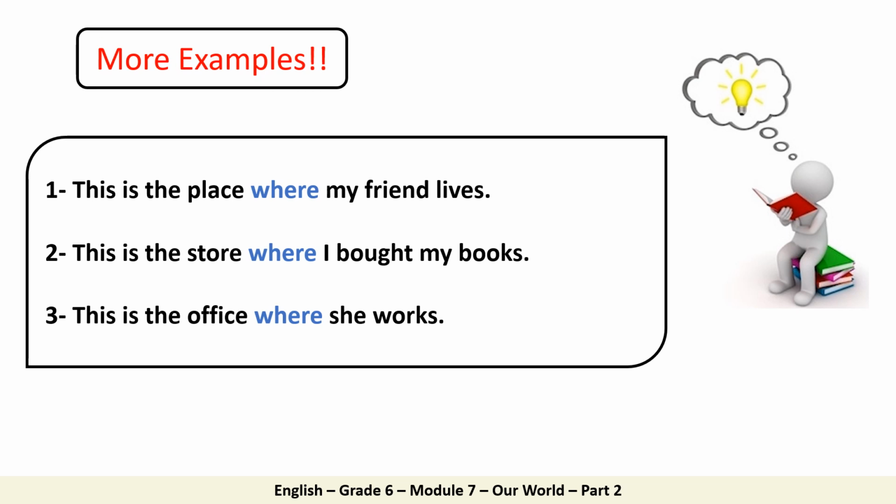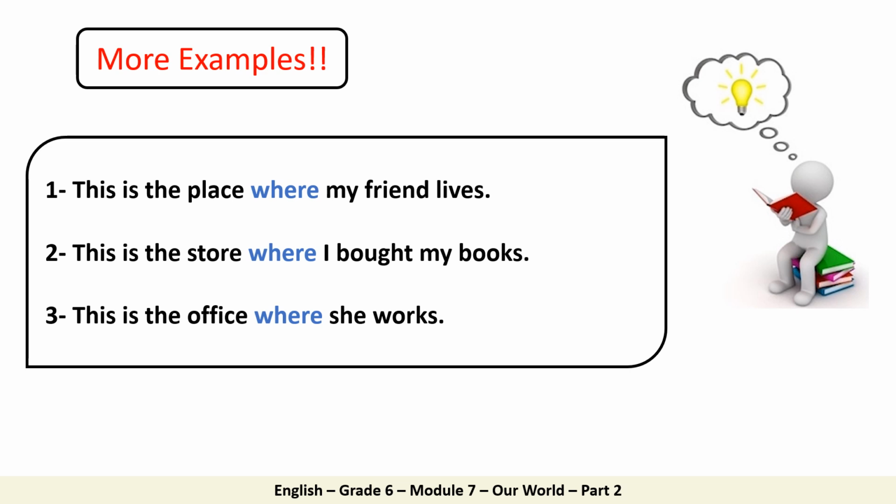Number 1, this is the place where my friend lives. Number 2, this is the store where I bought my books. And number 3, this is the office where she works. As you can see here, in all of these examples, where is referring to a place.